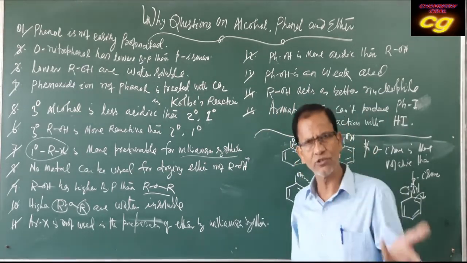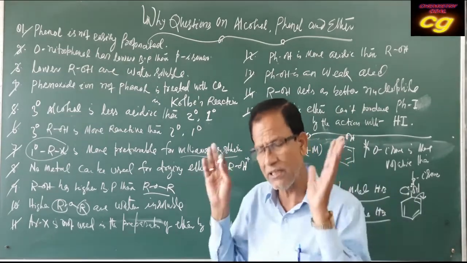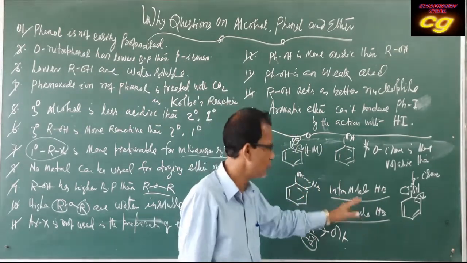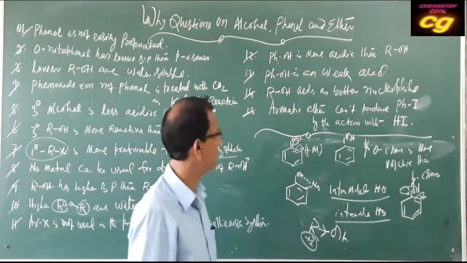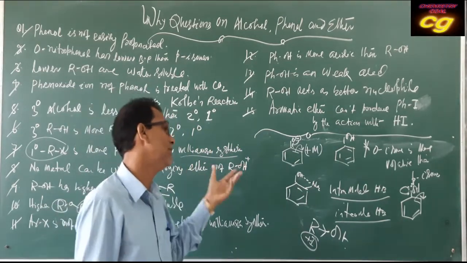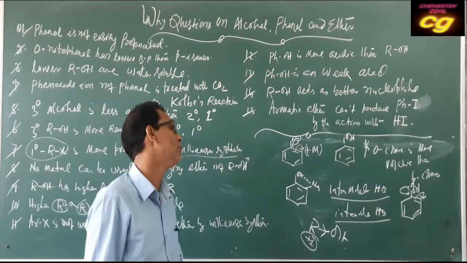Whenever a resonance, hyperconjugation or inductive structure is required, show it with explanation so that it gives a good impression to the examiner, so they give the actual marks for the question.